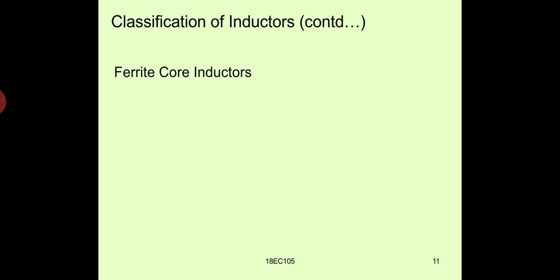Now let us see our next type, that is ferrite core inductors. In this type, a coil of wire is wound over a ferrite core. Here the material used is a ferrite solid rod or piece, whichever shape you want.